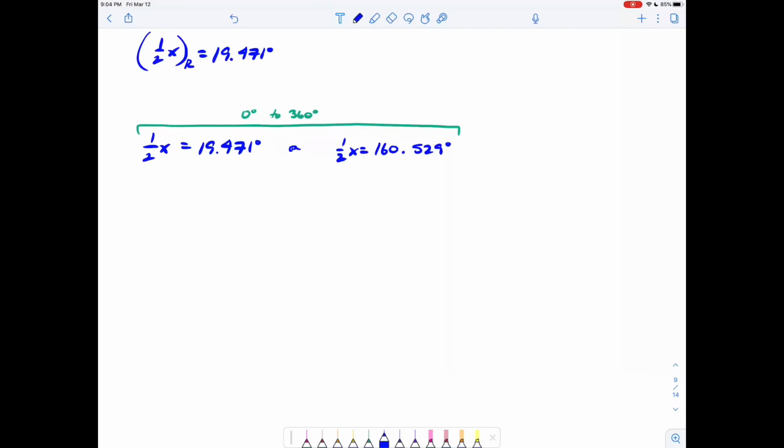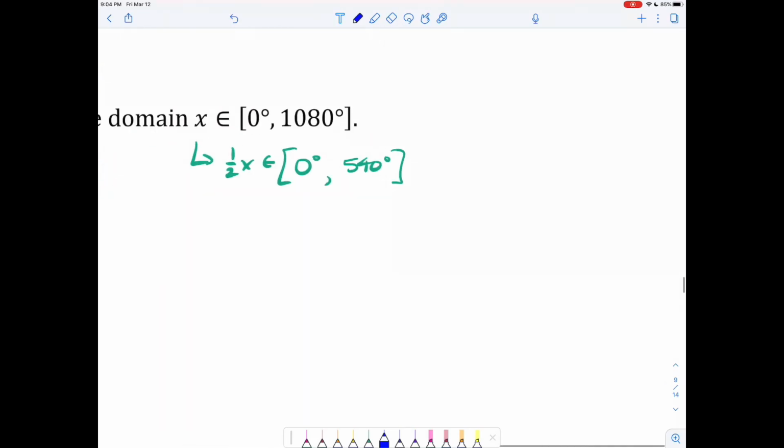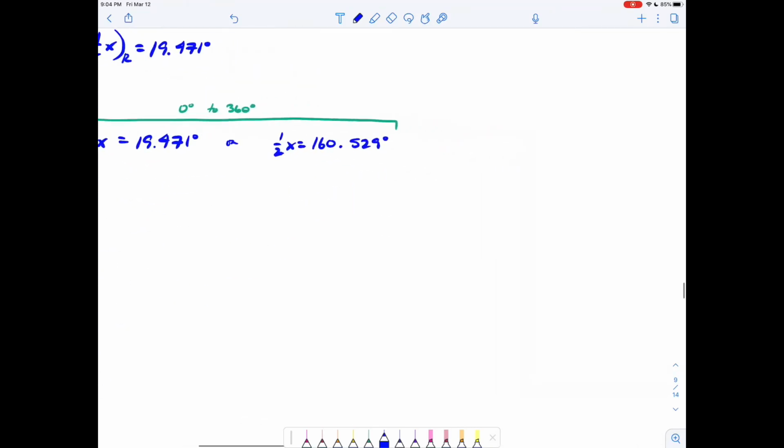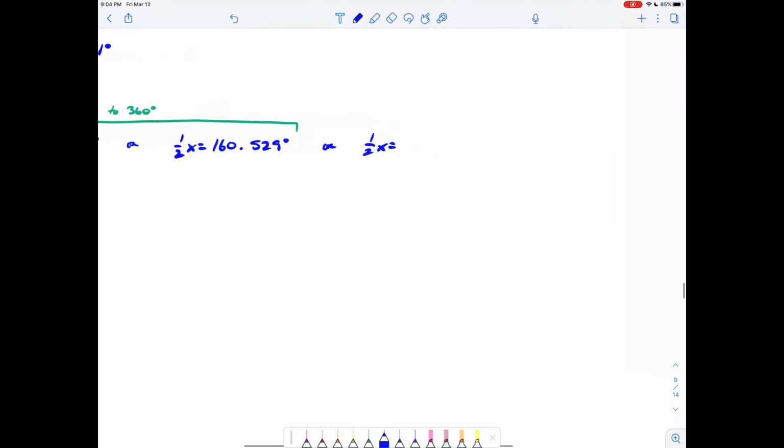But we can go further than that. We can go as high as 540. So what happens when we add 360 degrees to each of these? 19.471 plus 360 gives me 379.471.